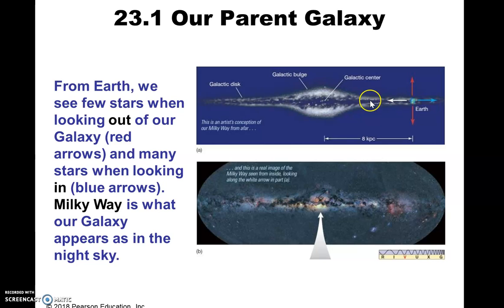The disk is of course three-dimensional. That's what we see, and this is showing, from our perspective, looking into the galaxy. It's thickest in this region. It doesn't look like this when you look into the night sky, by the way.